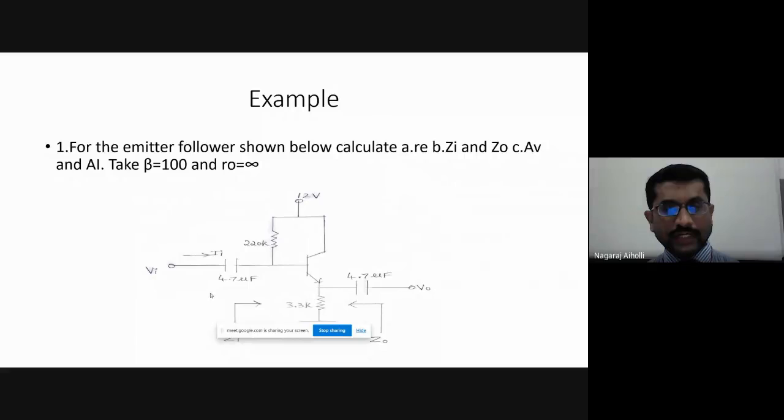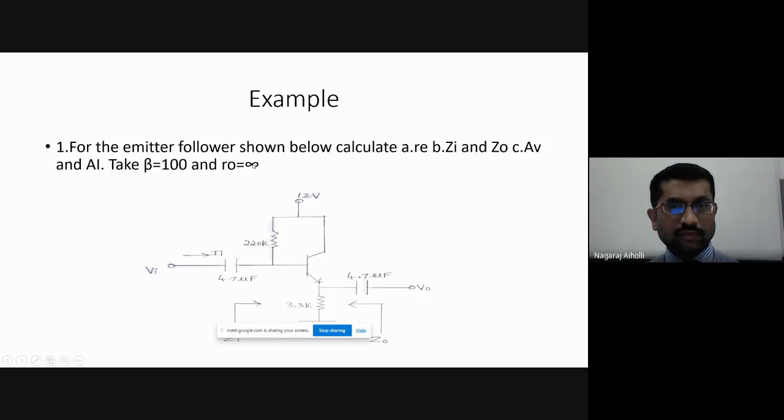Note down the circuit quickly. This is the emitter follower circuit, where the input voltage is applied to the base terminal. Note that the output voltage is taken from the emitter terminal. Like this, we can identify that it is an emitter follower circuit by looking at the circuit.